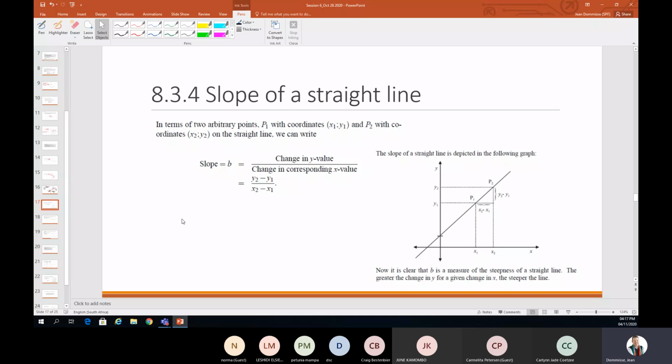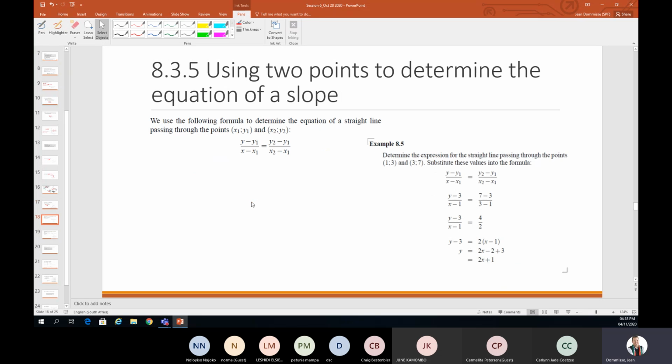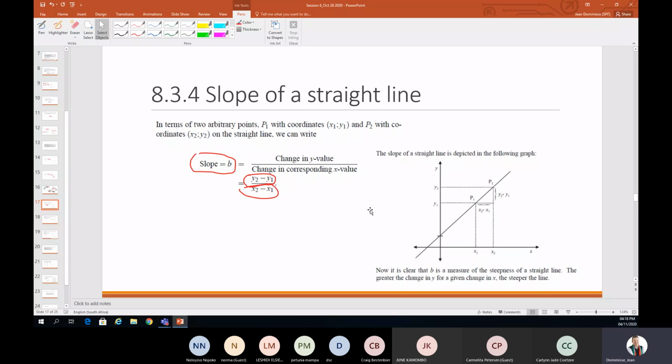So I think that is the other important thing, is that we need to know how to calculate the slope. And the slope is just the change in y divided by the change in x. Okay, so you will see in this one they said y2 minus y1 divided by x2 minus x1.